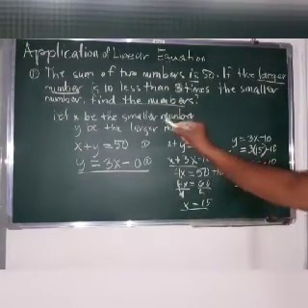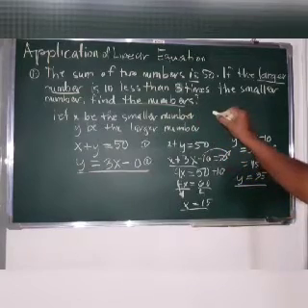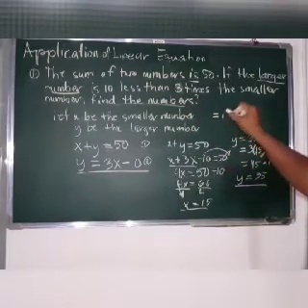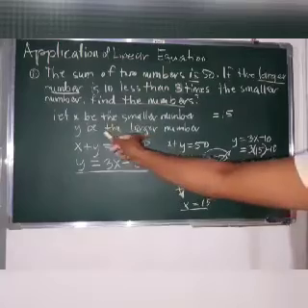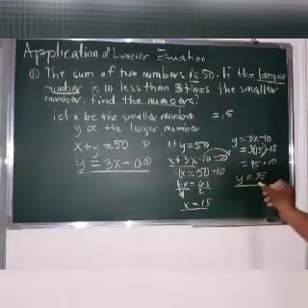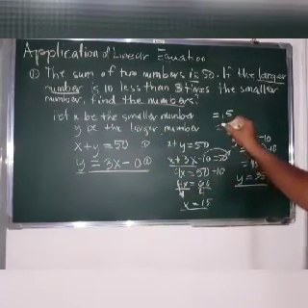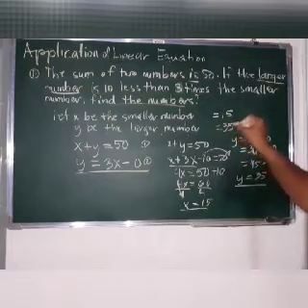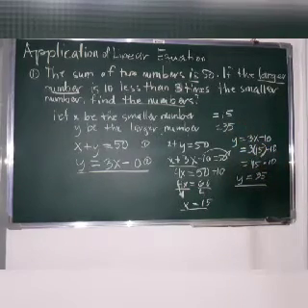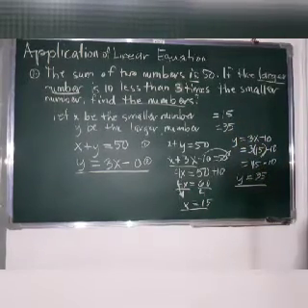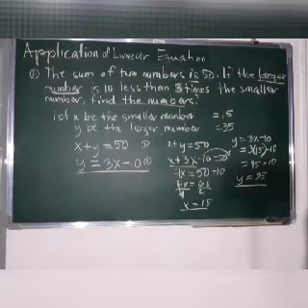Therefore, the smaller number is 15 and the larger number is 35. Got it? Okay, so that is an example for an application of linear equation.